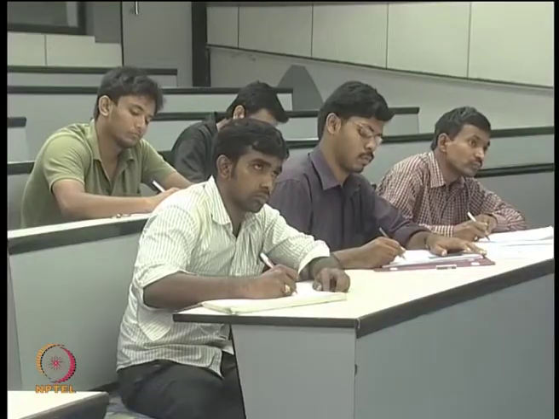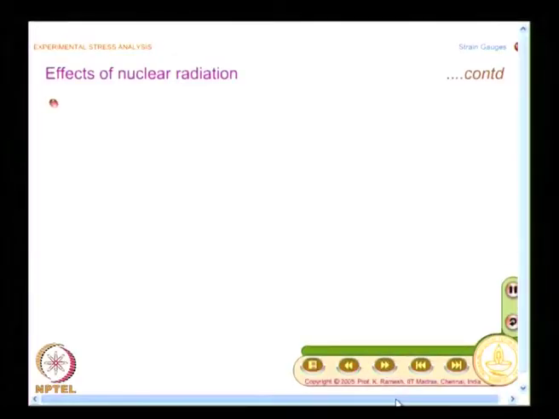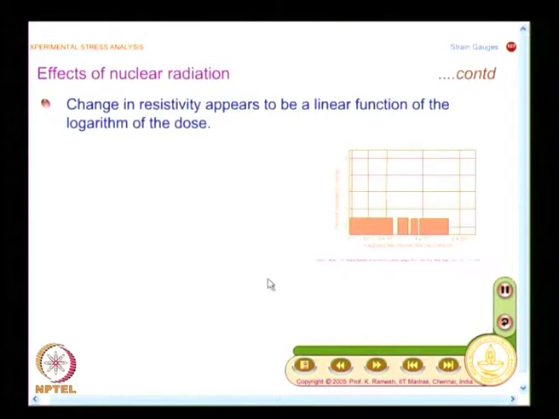So, people said that this instrument correction, like what you do in temperature compensation, will not work here. So, I need to have a different approach altogether. So, one recommendation is the variation is linear. So, it is predictable, the change in resistivity appears to be a linear function.